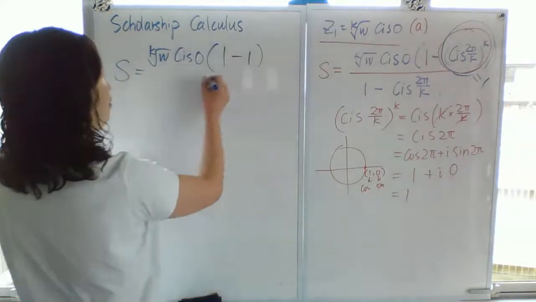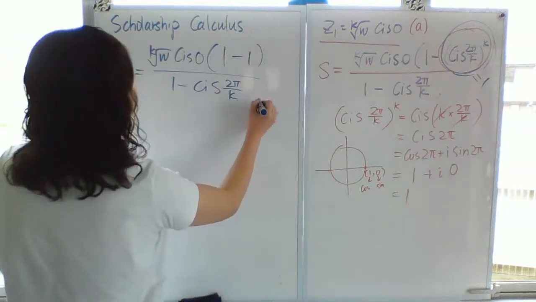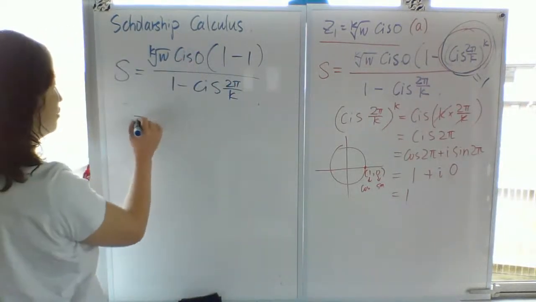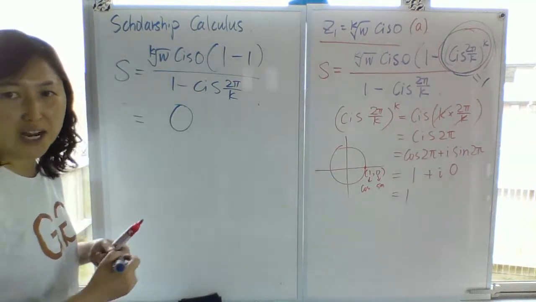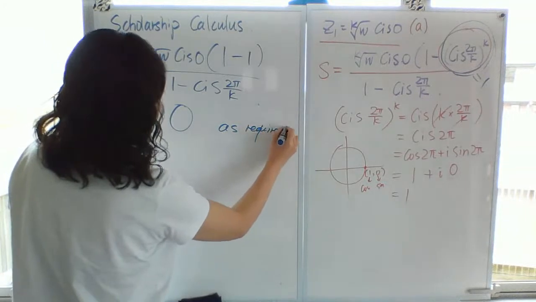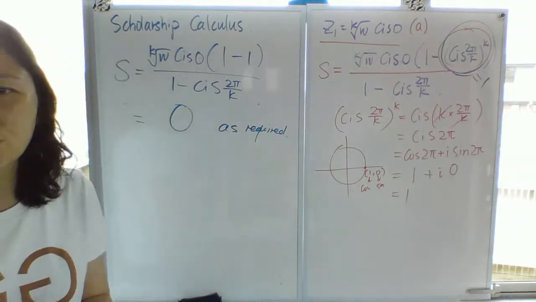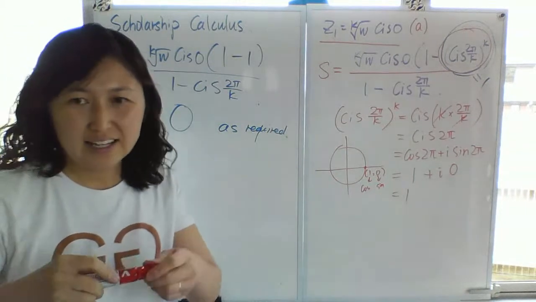So it's 1 take away 1. What is 1 take away 1? It's 0. So on the top, 0 times whatever is equal to 0. So the whole thing is equal to 0. So we just proved that the sum of all roots is equal to 0. Okay. All right.